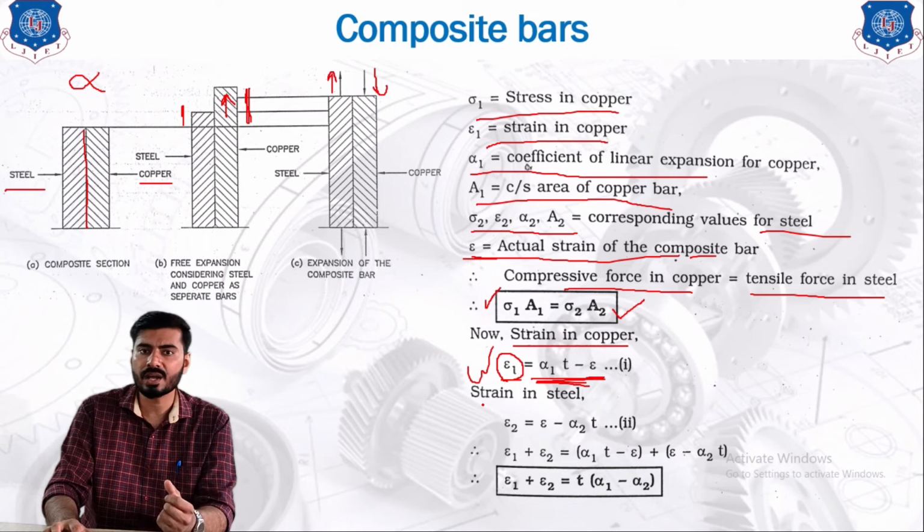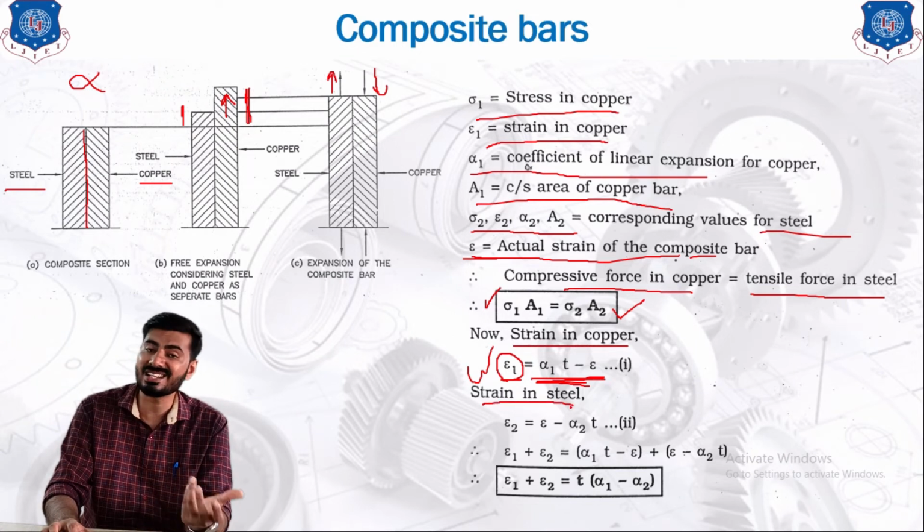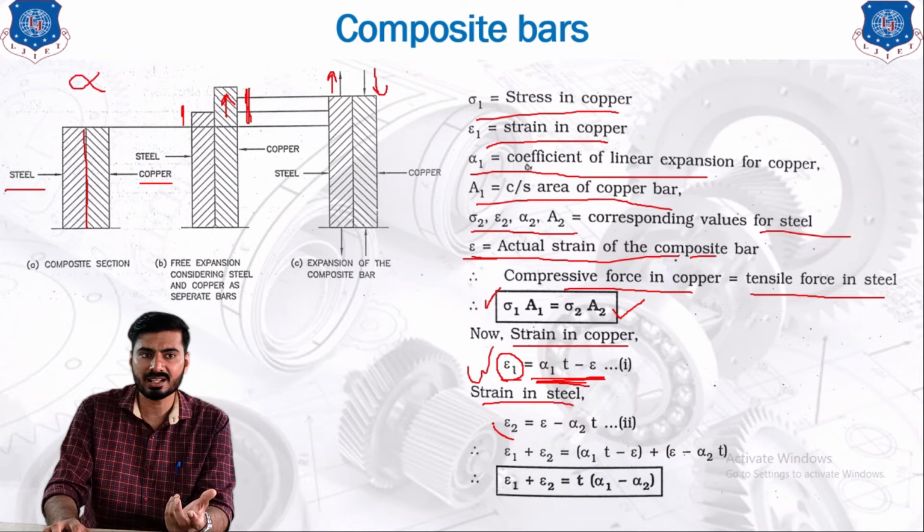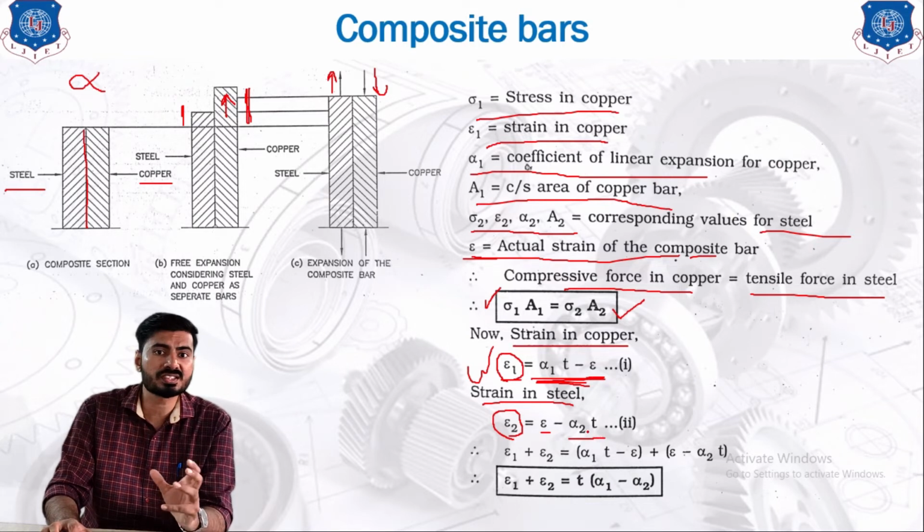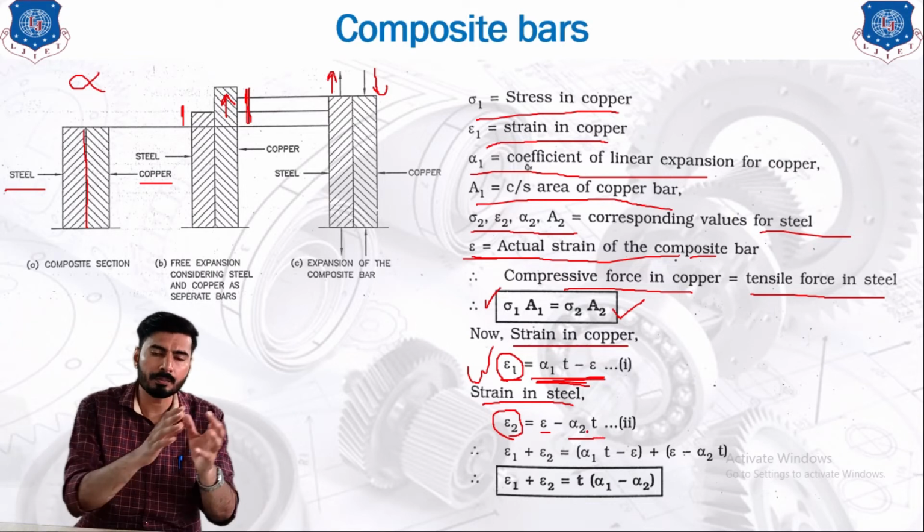Now similarly, we are going to find out the strain in the steel material. The strain in the steel material can be calculated as epsilon minus alpha 2 into T. Why have we done it like this? Because we need to subtract the smaller value from the bigger value.